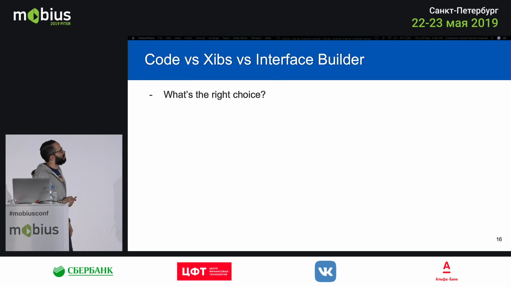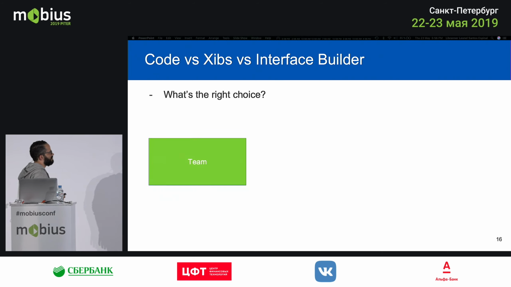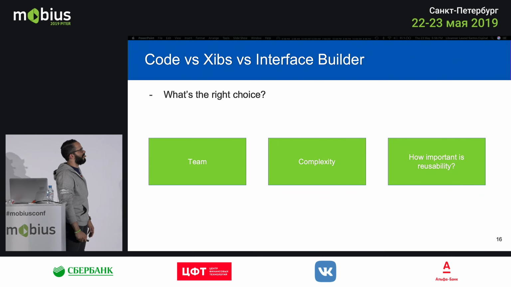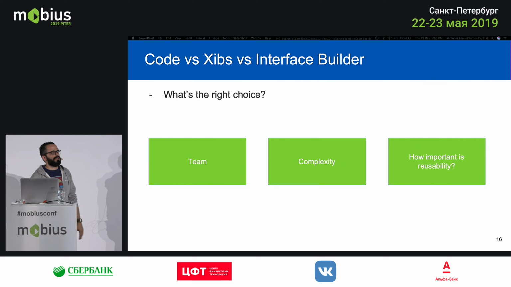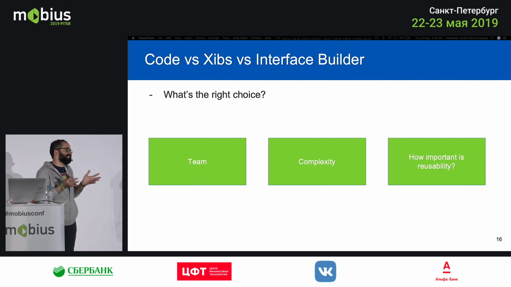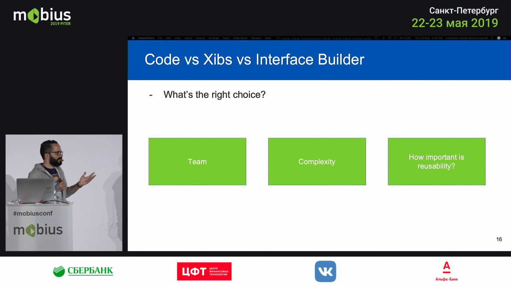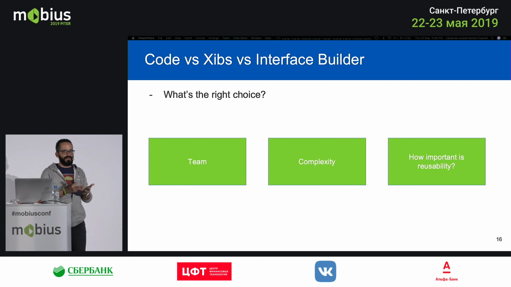So this is a question I get pretty much every time people ask me. Between code, using xib files, and using interface builder, which will be the choice? And the answer is, as always, it depends. But for me, it depends mainly on three things. Your team, what's the experience of your team?